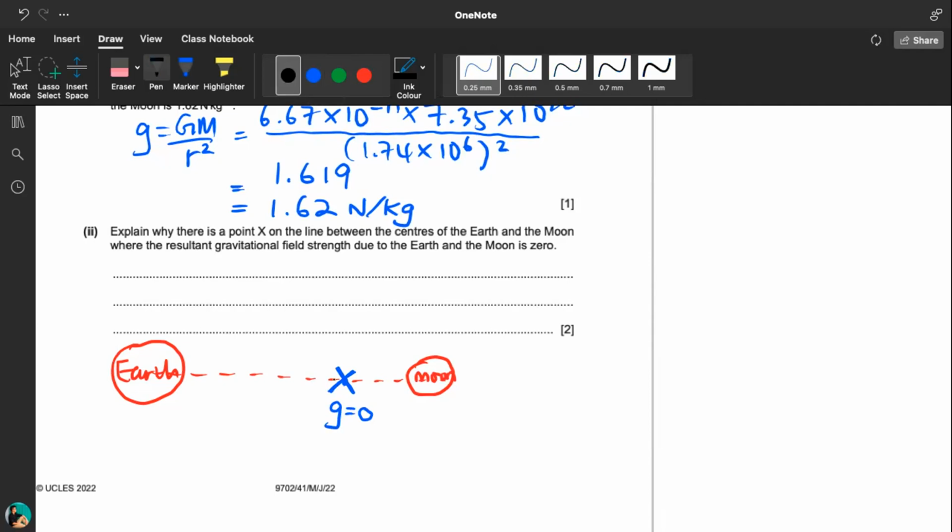So we have the g of the Earth, gE, and the g of the moon. Now, gravitational field strength is just another word for gravitational acceleration, right? So it's a vector and it has direction, always pointing to the center. So that is how you explain why there is a 0 point. Because g is a vector and there's a point where the g of the Earth balances out the g of the moon.